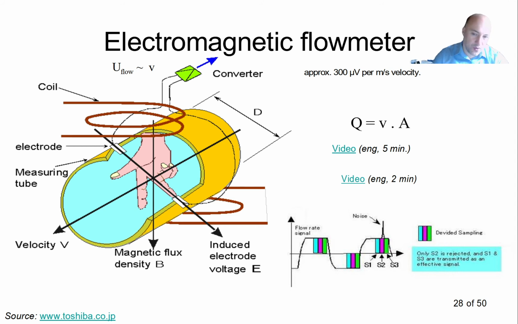So how does it work? It is using electromagnetic induction. You can see here that we have a coil. Now this coil is creating a magnetic field. So we create a magnetic flux in this direction with this orientation.